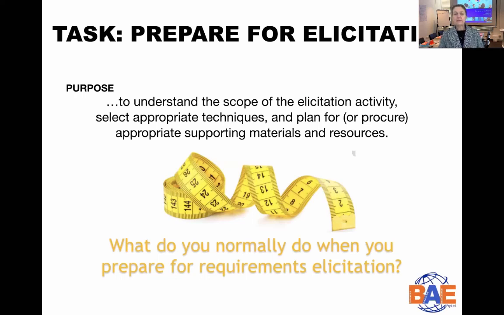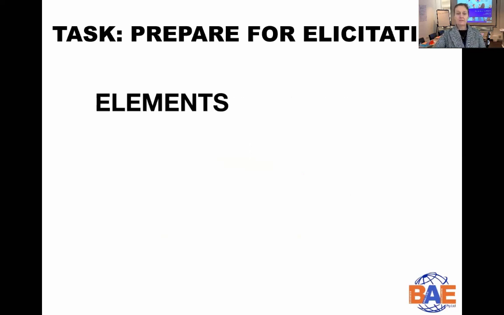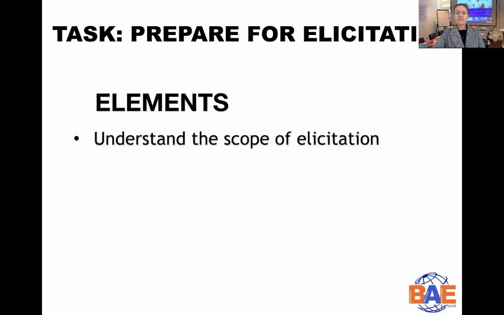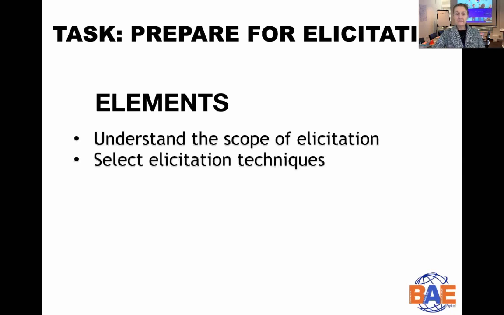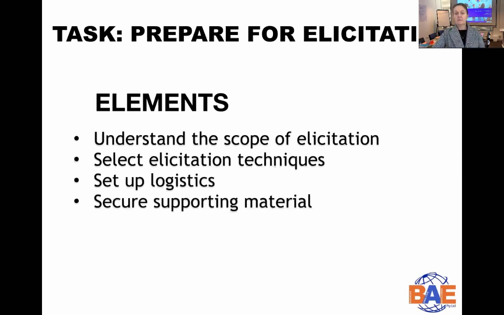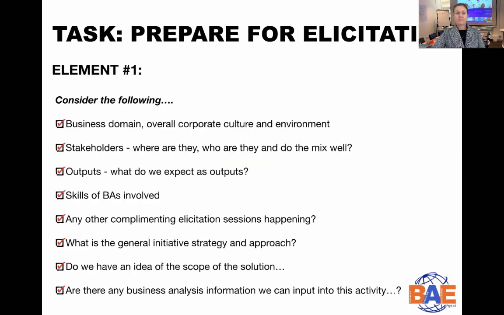So think about, perhaps at this point, what do you normally do when you prepare for elicitation? The elements for this task: firstly, understand the scope of elicitation, select the elicitation techniques, set up the logistics, secure supporting material, prepare stakeholders. So let's jump right in.